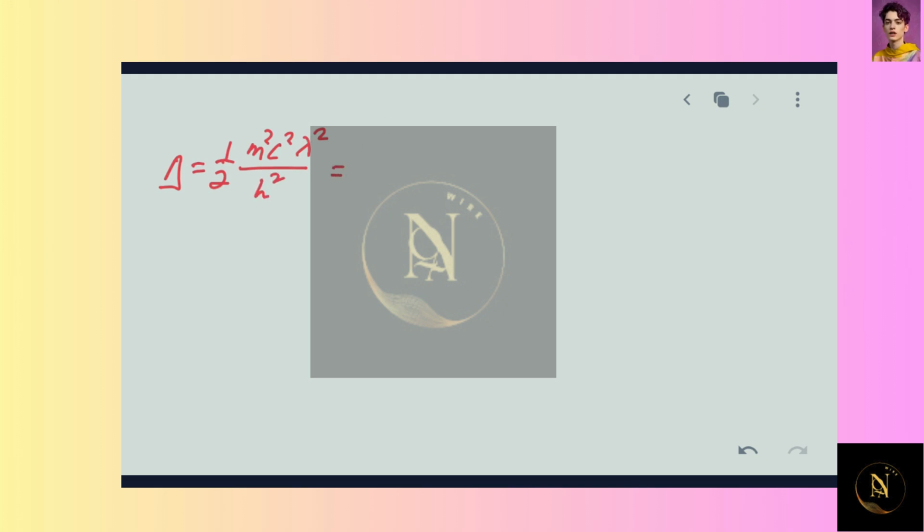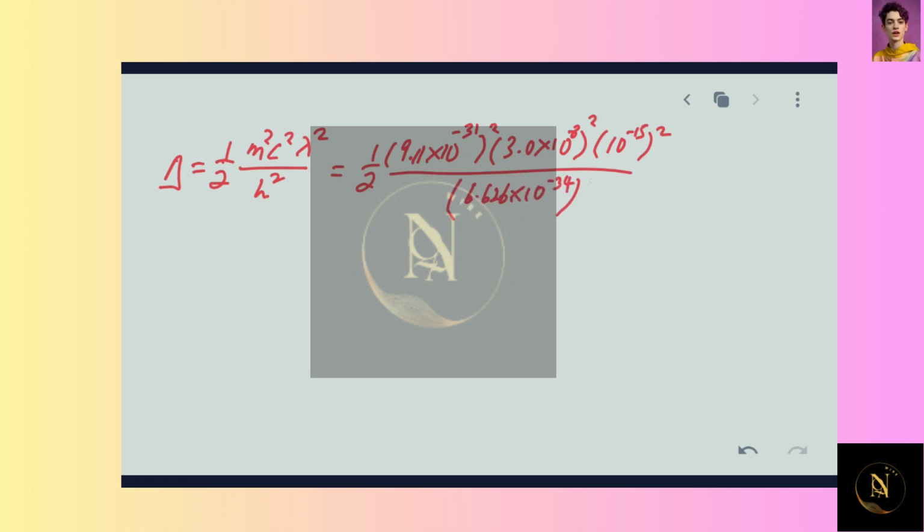We substitute in lambda, as well as the other constants: the mass of the electron, the speed of light, the wavelength, as well as Planck's constant.